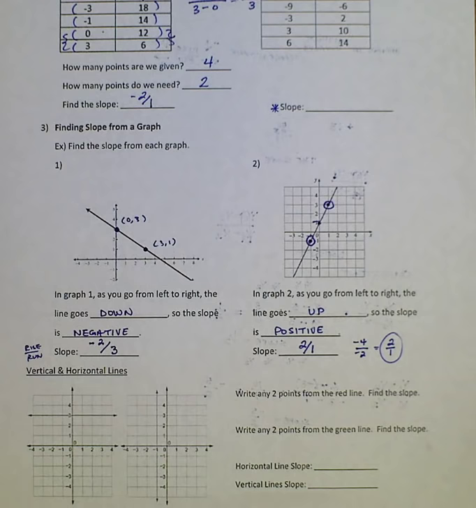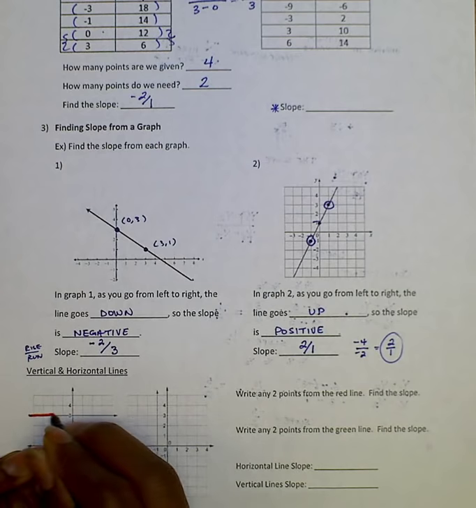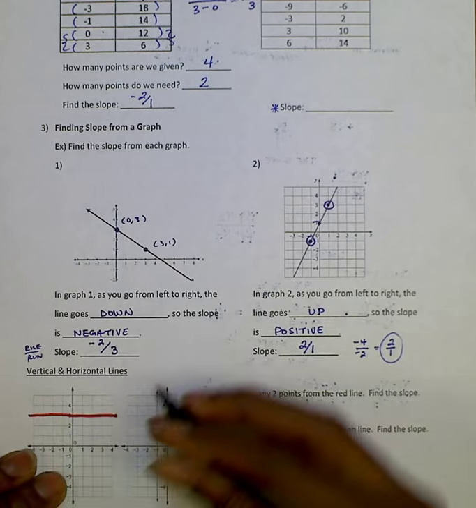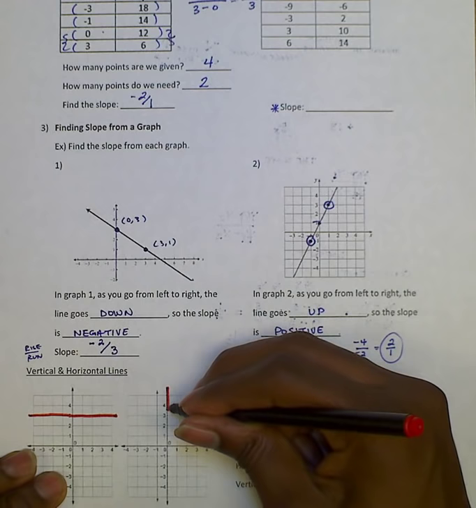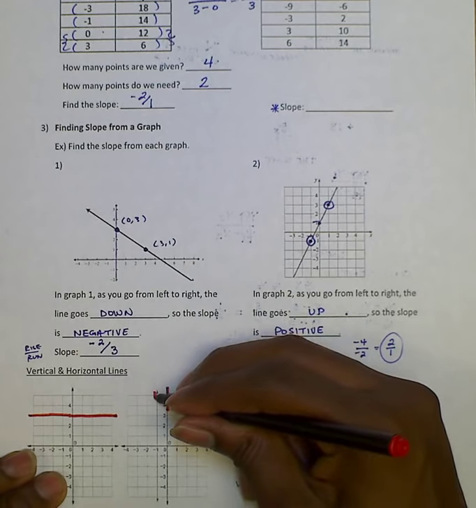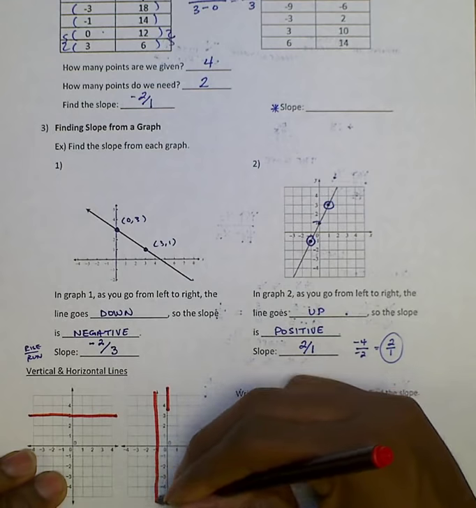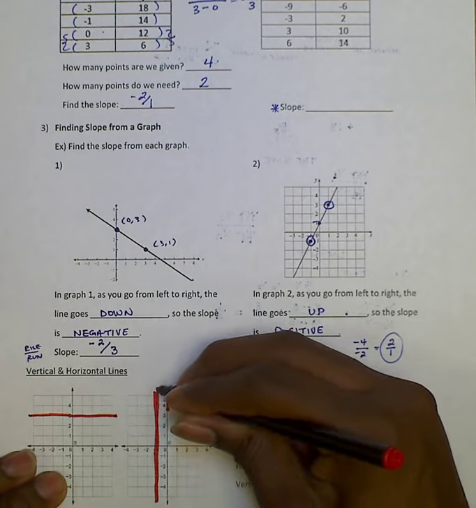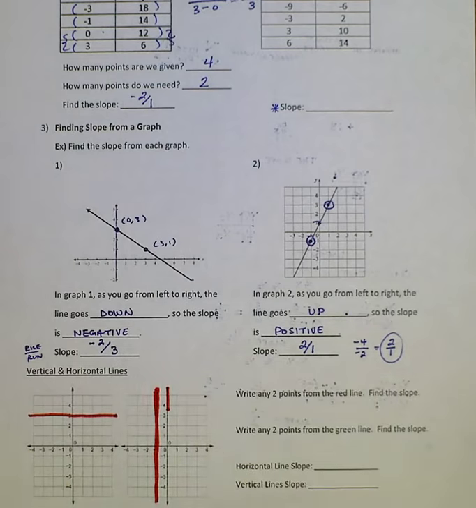I'm going to highlight these lines just so we can make sure that we see them and talk about vertical and horizontal lines. Nope, that's not the line. Sorry. So that's why I highlighted it, because I didn't want to mess up, but now I did. Okay. So look at these vertical and horizontal lines.